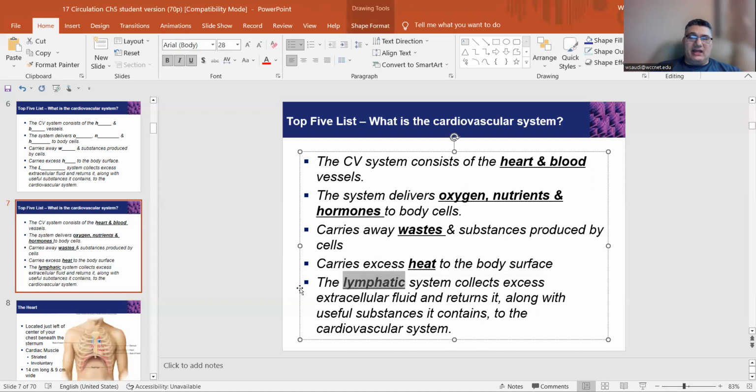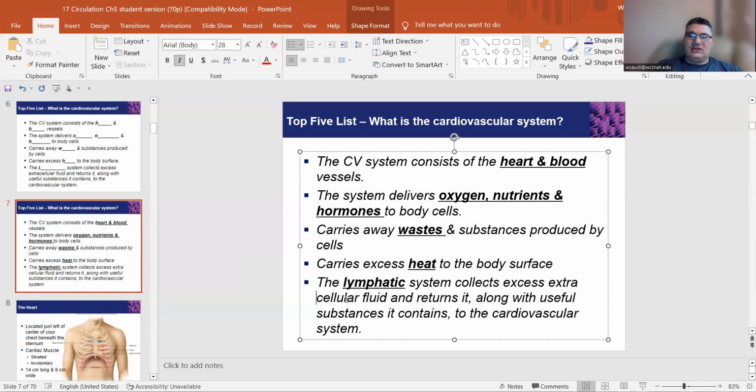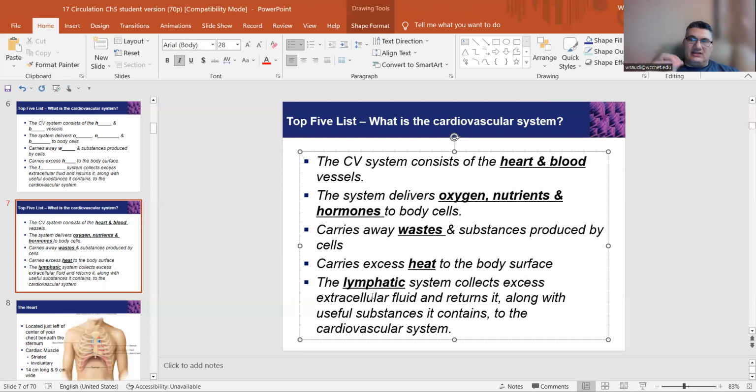The lymphatic system, on the other hand, is the one that will take the excess extracellular fluid. What is this extracellular fluid? Extra means outside. Cellular means cells. The fluid outside the cells that I told you about. Some fluid from the blood in the capillaries leaves the blood and goes in between the cells, outside of them, to give them oxygen and nutrients.